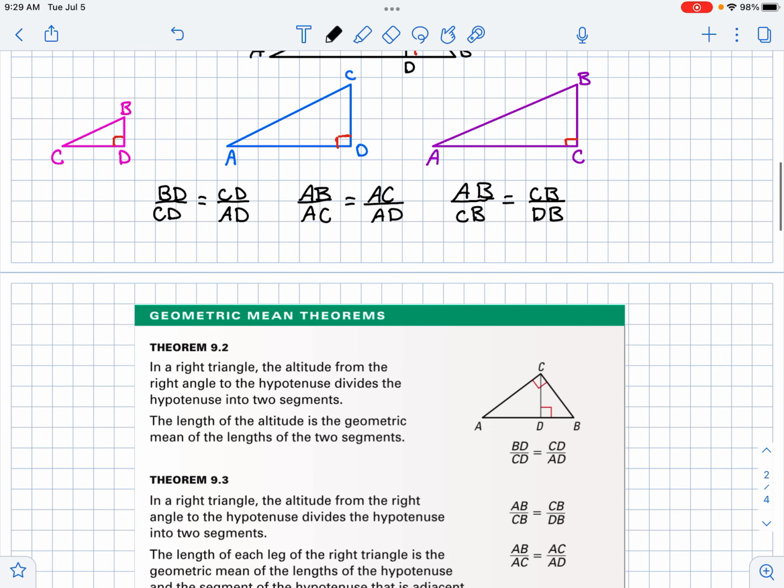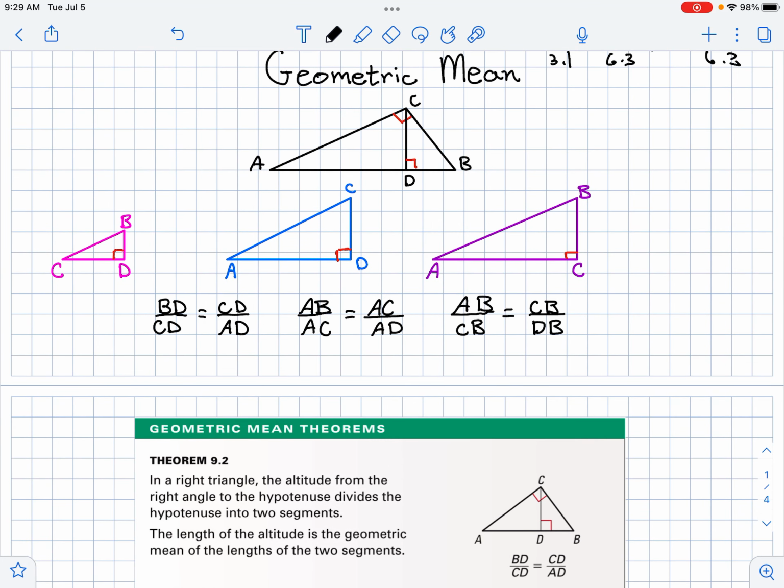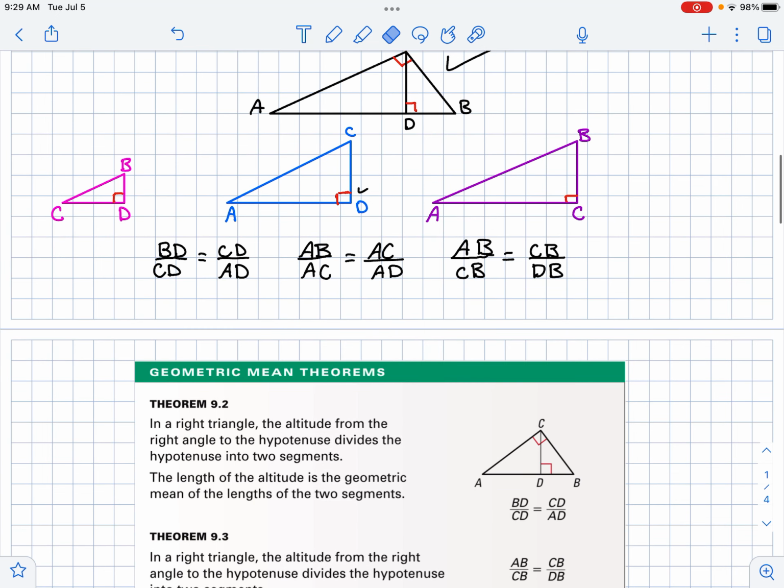Now, you can see that I've drawn the picture here, but you notice the big triangle ABC, and once again, I've done a little bit of rearranging and orienting the triangles so that they're all lined up in the same direction. They've all got the right angle in the lower right-hand corner and so forth. Now, if you look at these proportions here, we already know that these are proportional. All these triangles here are proportional.